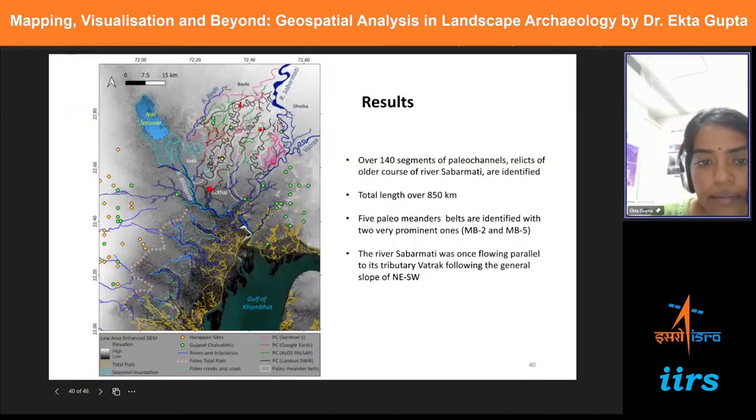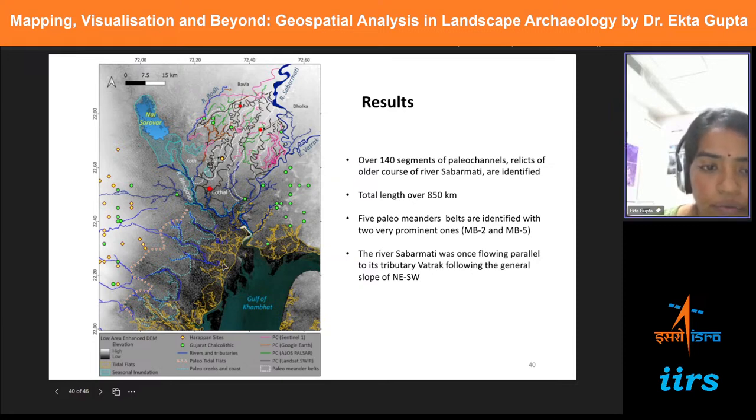So this is the result of this study. We could find lots of paleo channels, and this paleo channel goes from Lothal to Koth, another Harappan site, and it joins Sabarmati. So through this study, it became clear that Sabarmati itself was flowing along Lothal.